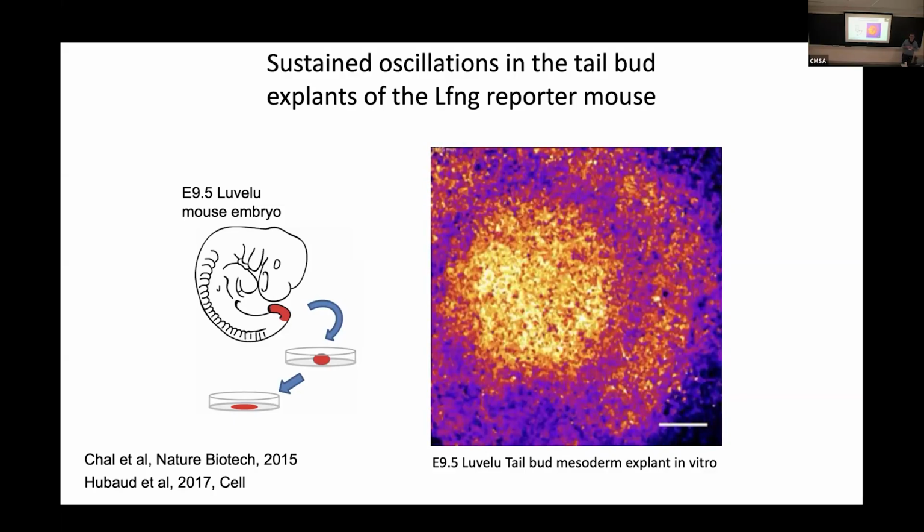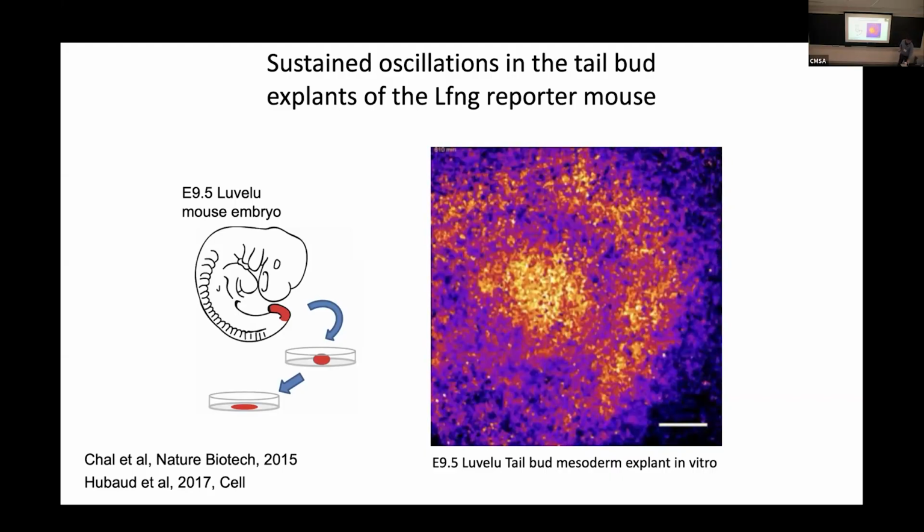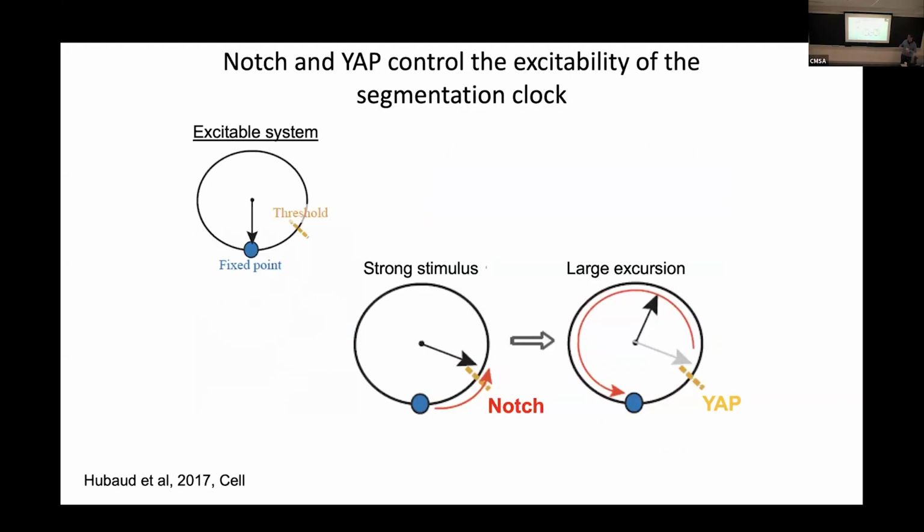No, I understand, I'm just clarifying. And this, we still don't understand. One of the conclusions of these experiments, which I'm not going to describe, and that was thanks to Ma's input, was that one could view the clock as an excitable system, where Notch would be the stimulus, and in this analogy with the pendulum, you have a threshold, which we showed is also defined by another signaling, YAP, the mechanosensing signaling.